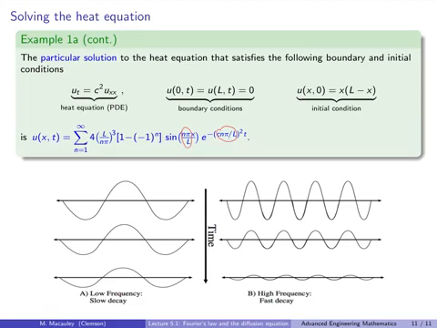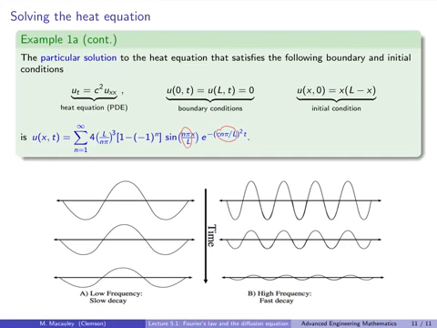So the sine waves in this initial condition that have low frequency get killed off slowly. In other words, there's a slow decay. But the high frequency waves get killed off a lot quicker. So there's a fast decay. So that's just a fundamental nature of diffusion.